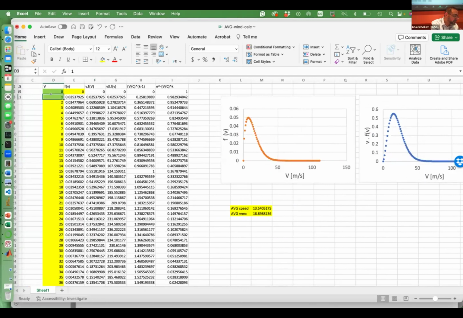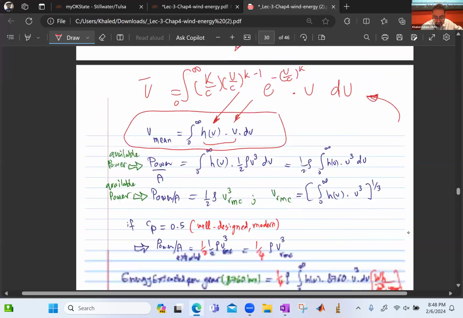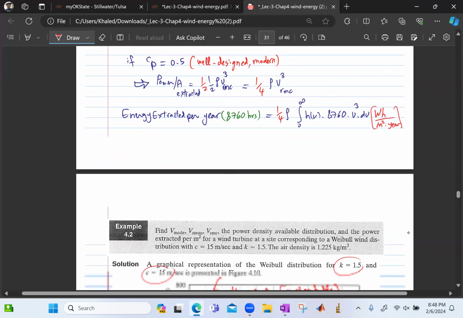And so in our book, he actually integrates this formula.